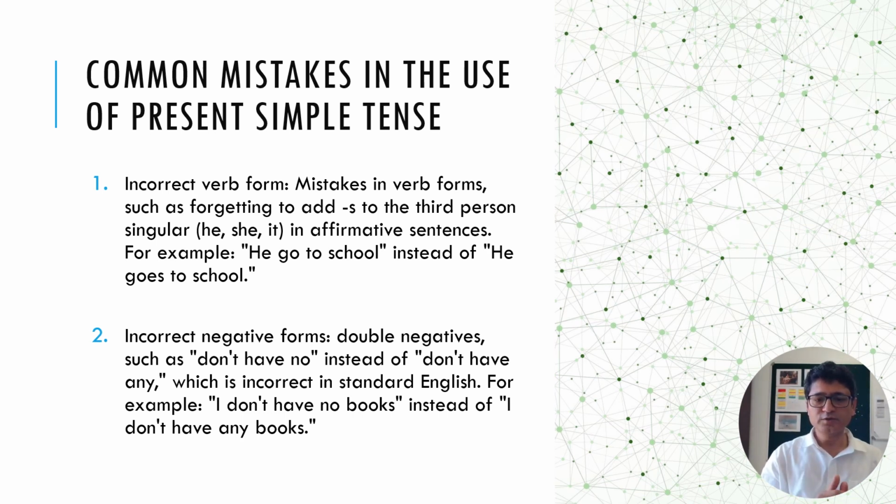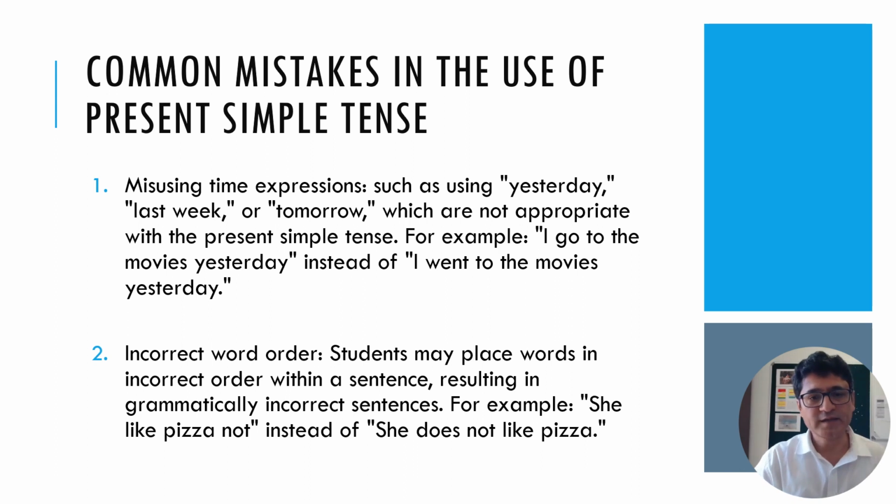So we'll use this structure, I don't have any books, instead of saying I don't have no books, right? So this is a common mistake that we make in making it negative, or also sometimes we make mistakes in not adding s or es with third person singular.